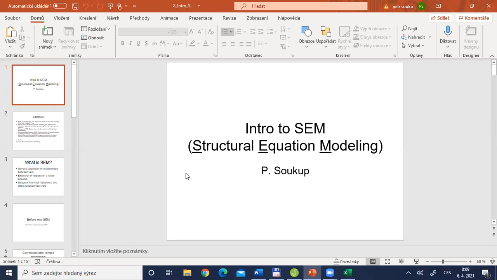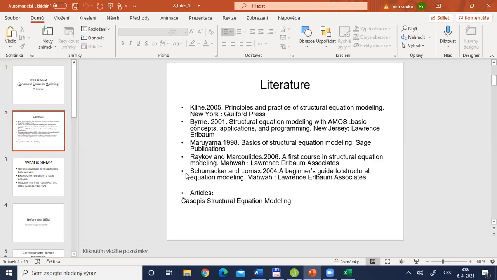So first of all, I would skip to the next slide, and here we have, I would say, a short list of the literature you can acquire for structural equation modeling.